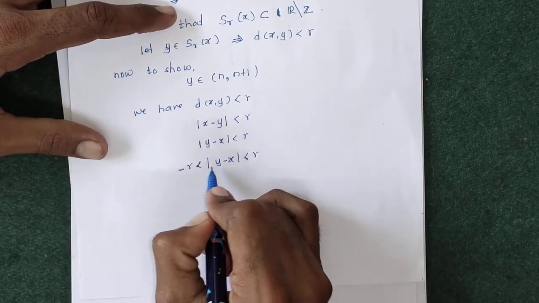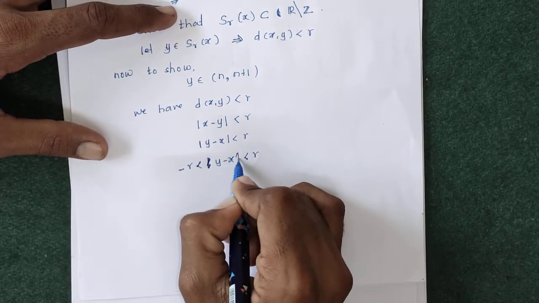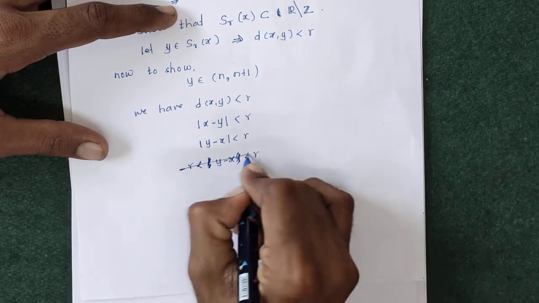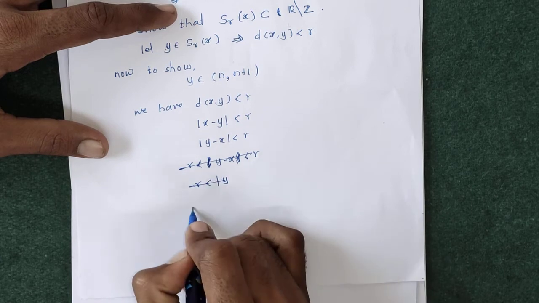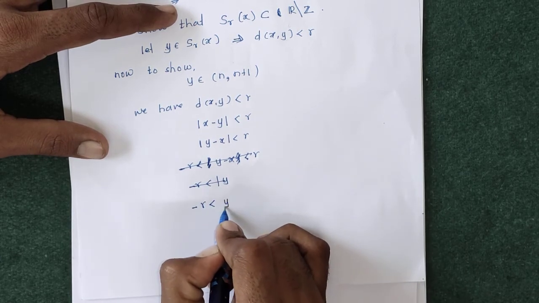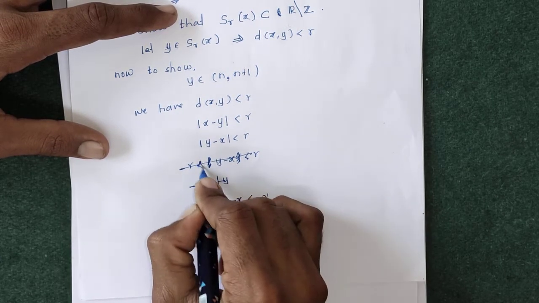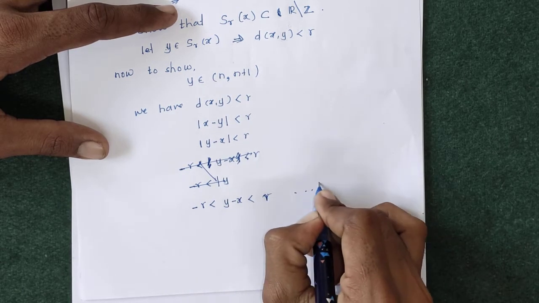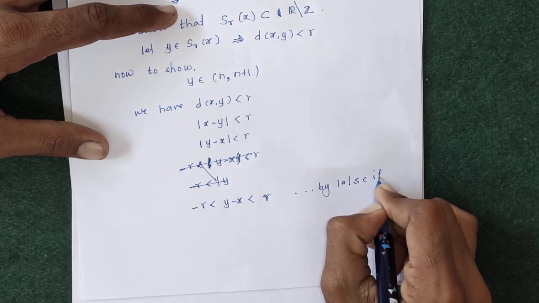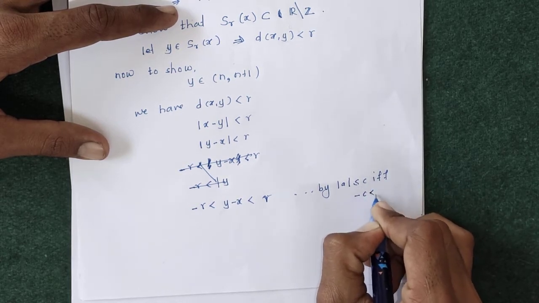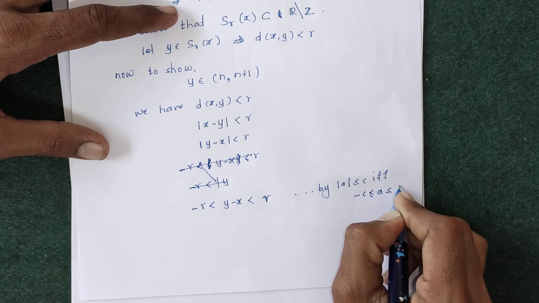Sorry, here there is no need to write the modulus. Using that property, let me write this step again: minus r is less than y minus x is less than r. This is by using the property mod a is less than or equal to c if and only if minus c is less than or equal to a less than or equal to c.